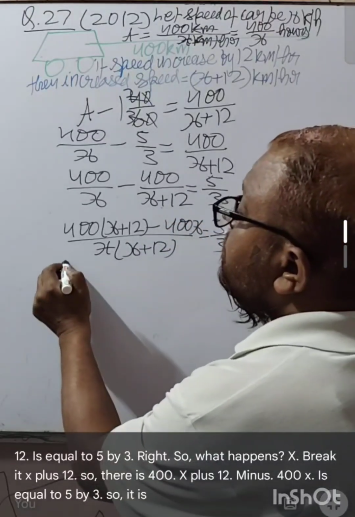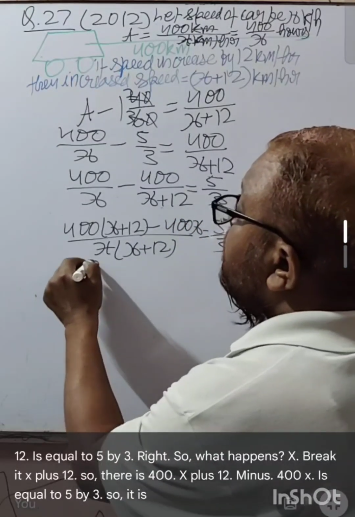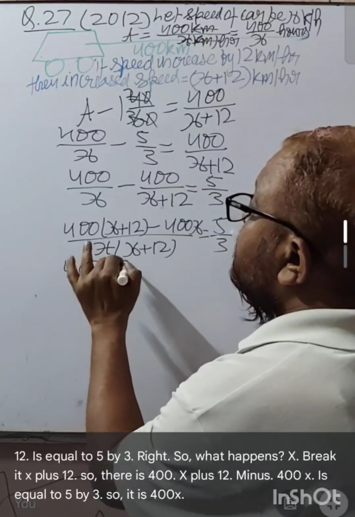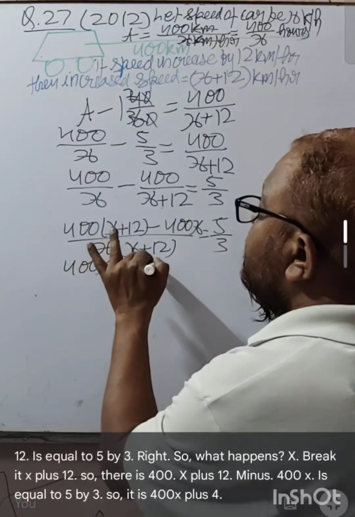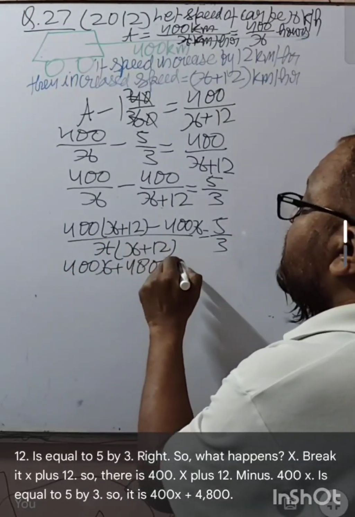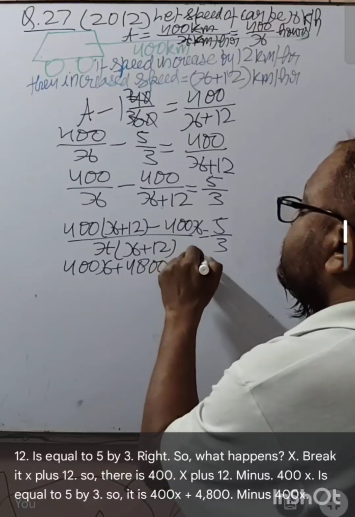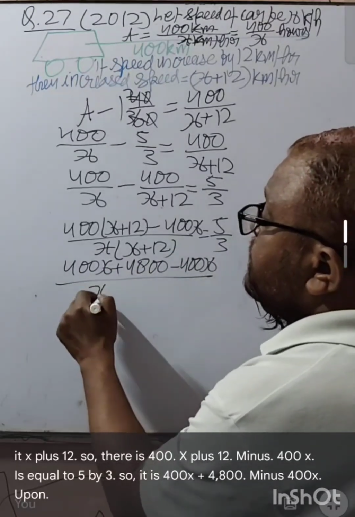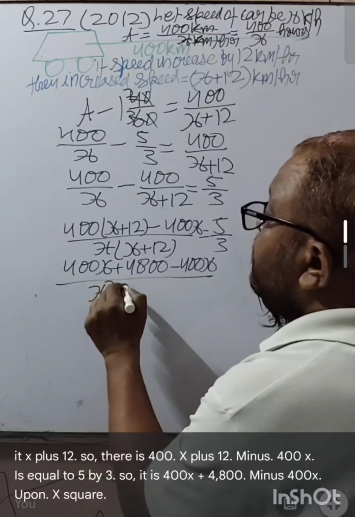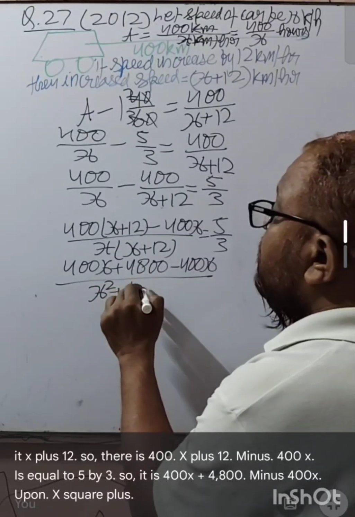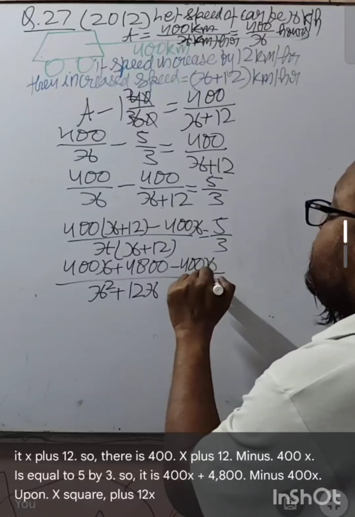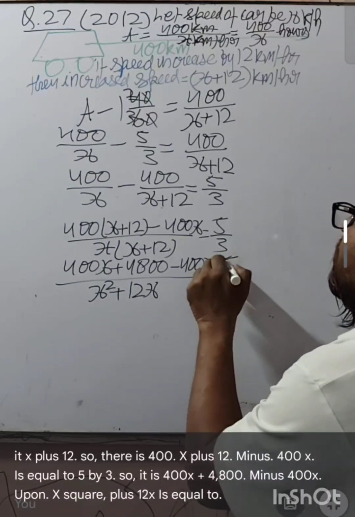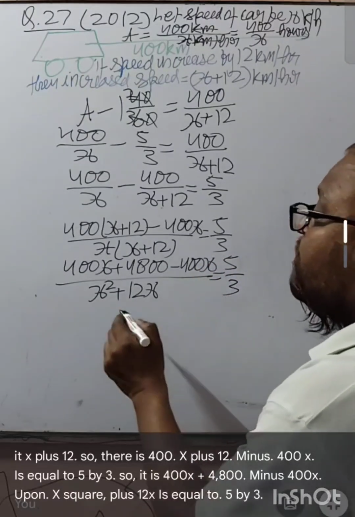So it is 400x plus 4800 minus 400x upon x square plus 12x is equal to 5 by 3.